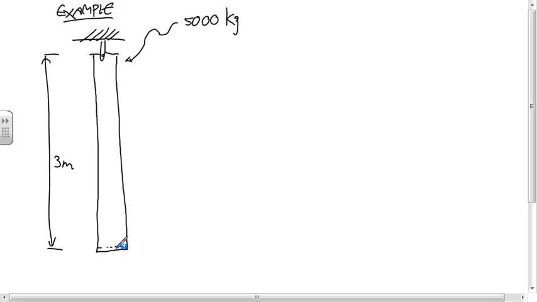And what about shear force? Any shear force? Nope, no shear force. And any bending moment? Nope. All right, so first we have to calculate the external loads.